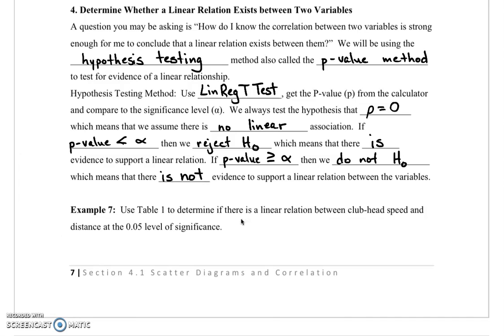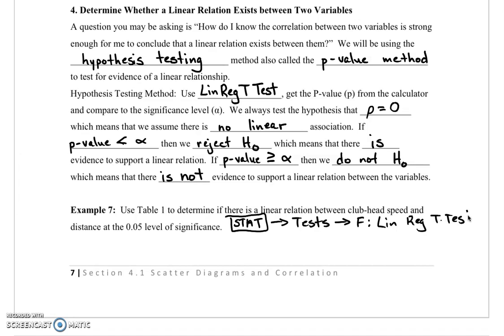So we want to do Stat, Tests, remember, and then we want F, which is LinRegTTest, and our XList is L1, our YList is L2, frequency is always 1, and for the beta and rho, don't worry about what beta is. Anyway, we always pick not equal 0.